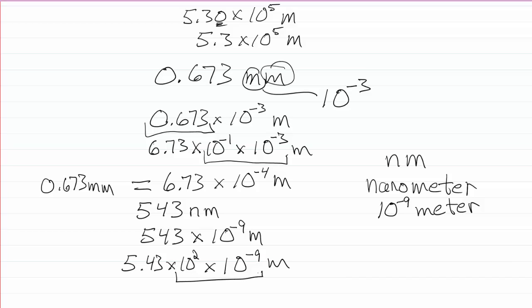These two, I can add the exponents and get 10 to the minus seventh, and so now I have 5.43 times 10 to the minus seventh meters, and that's what 543 nanometers would be. And I might want that to be in meters instead of nanometers. Okay, those are some examples of converting almost scientific notation into scientific notation.